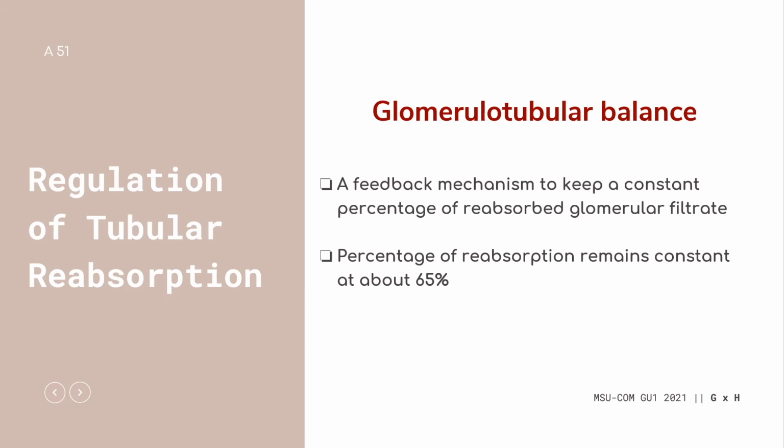An increase of the GFR, on the other hand, would therefore mean an increase in the absolute PCT reabsorption rate. Due to this, a constant fraction of the filtered salt and water is reabsorbed. There are factors that may affect GFR, such as increases or decreases in blood pressure, changes in renal hydrostatic pressure, vascular resistance, and blood volume.